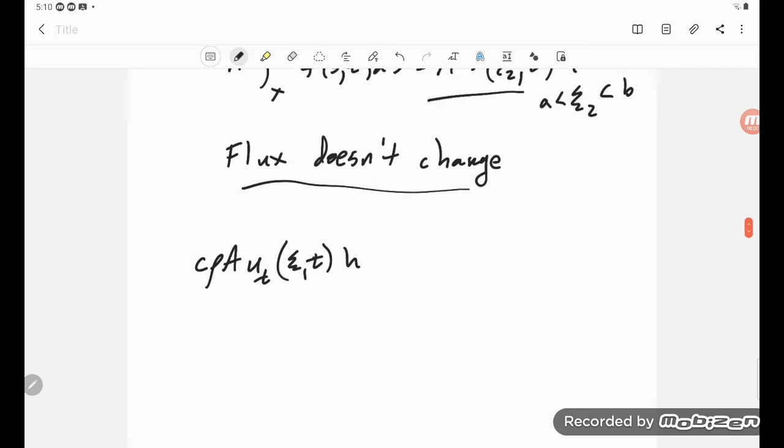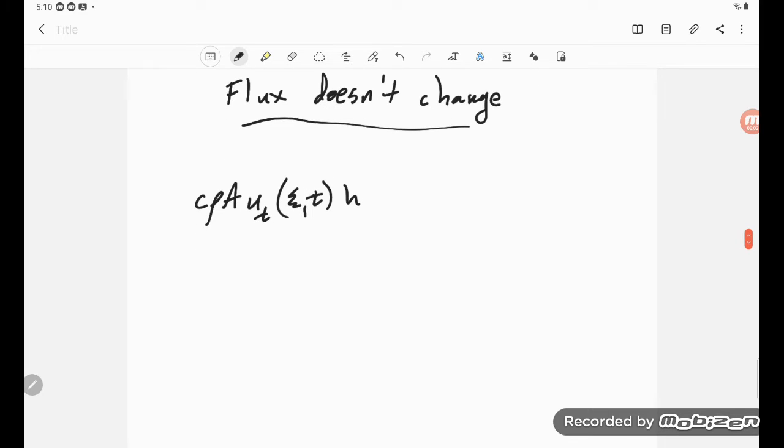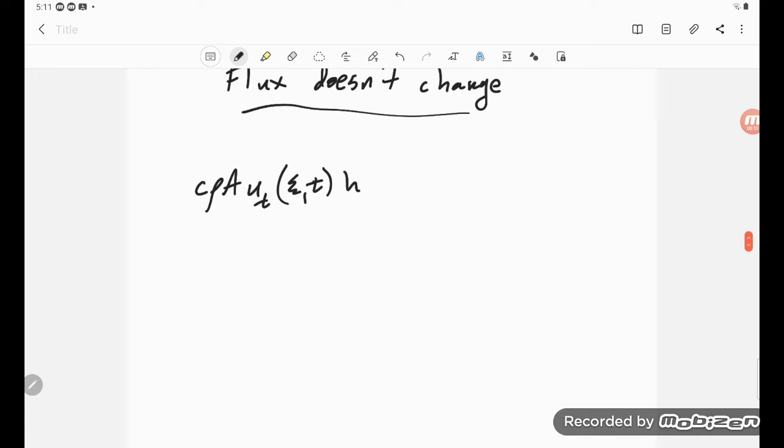Okay, so we have the rate of change of the total heat, right? But now using the mean value theorem, I can use this, and then equals. Now here we have the flux. That didn't change, so that was K A times u sub x at the right. Sorry, at the right.